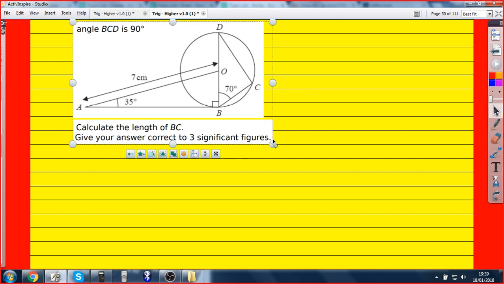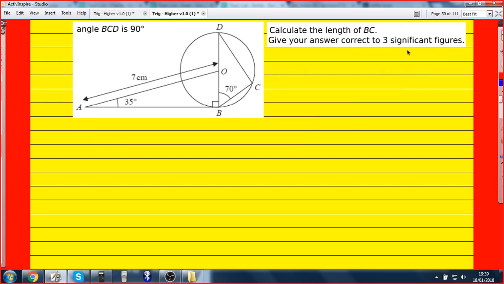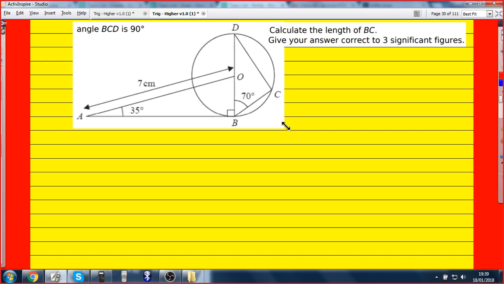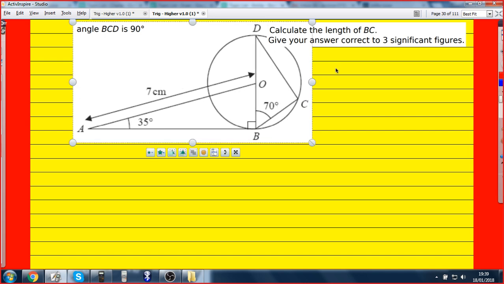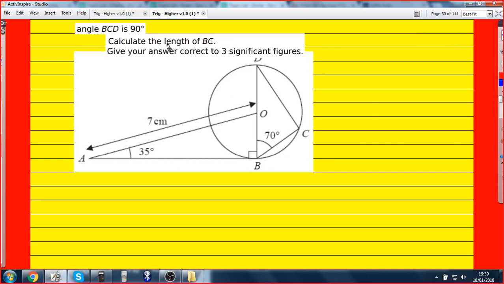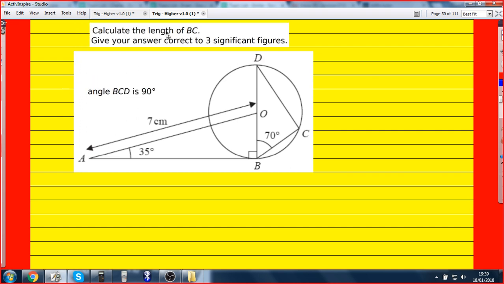Okay, let's try this one. We're trying to find BC. So there is a triangle, but the other triangle isn't a right angle triangle.